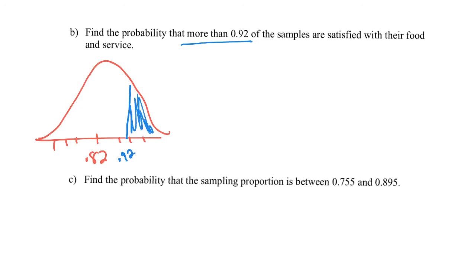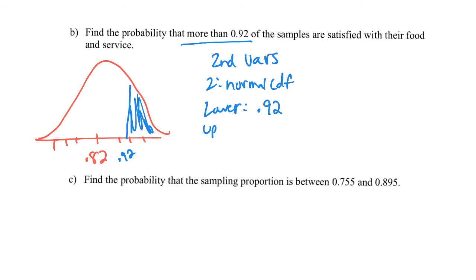So we're going to use the same thing, where we go to 2nd, VARS. We want option 2, normal CDF. For our lower this time, though, we're going to type 0.92. For our upper, it's going to be 5 nines.